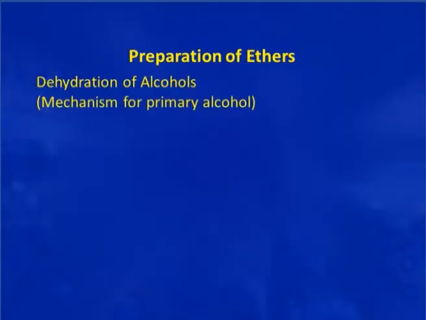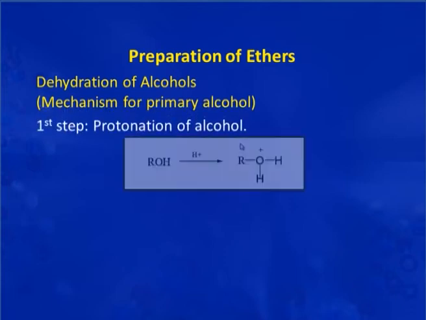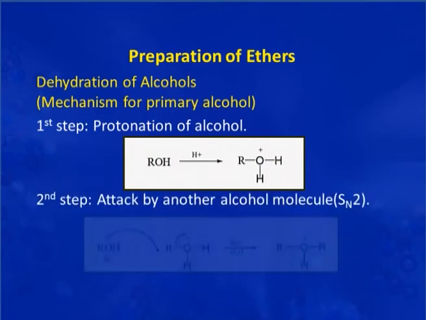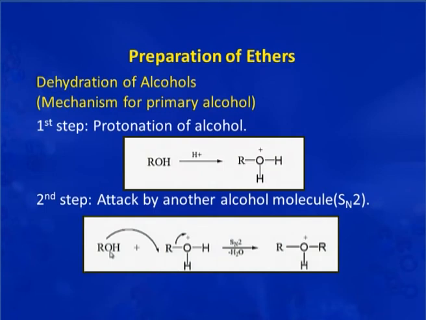If we start with a primary alcohol, the 3 steps in the mechanism are: first step is a protonation of alcohol. In presence of acid, alcohol gets protonated and forms protonated alcohol. In the second step, the alcohol molecule, which is a weak nucleophile, attacks the sp3 hybridized carbon and there is removal of water molecule, formation of protonated ether.